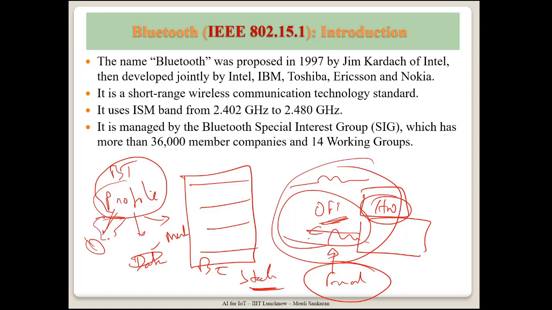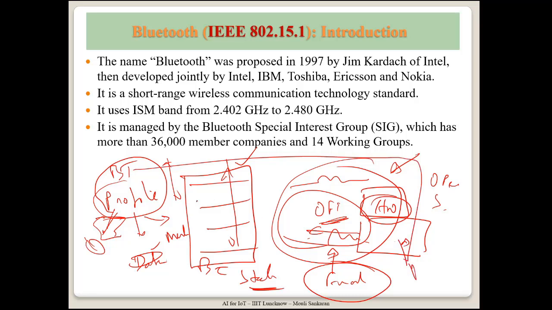So there is standard code available and a stack available, and the complete implementation is available, and the devices are there. It's open source. So this design is available. Different IC companies, OS companies, and protocol stack companies are part of these 36,000 members.